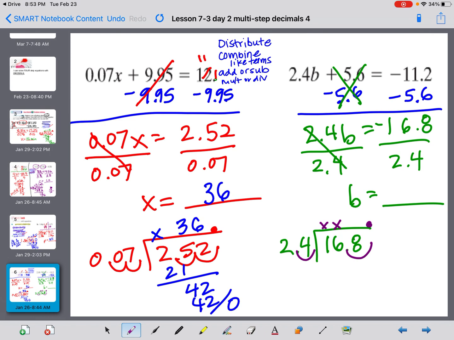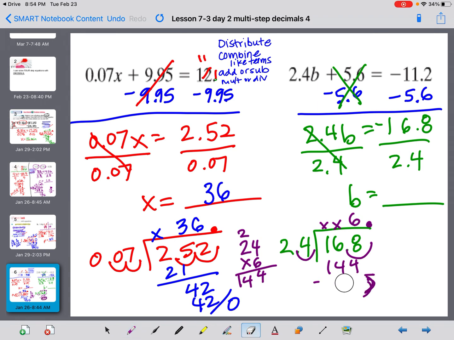Oh boy. What do we think? 6 maybe? Ooh, good guess. Oh, I ended up with a 24 here. You know what that means?